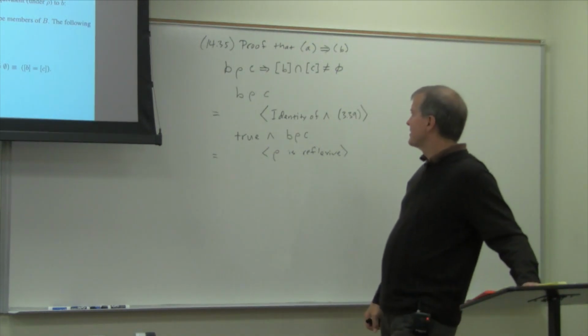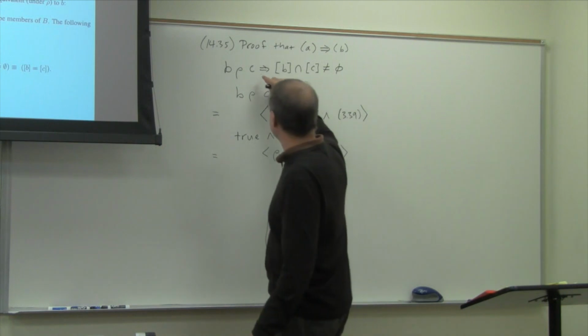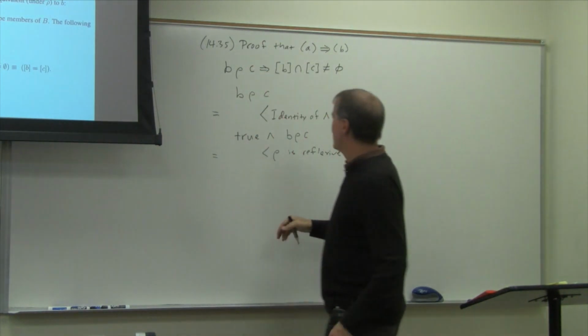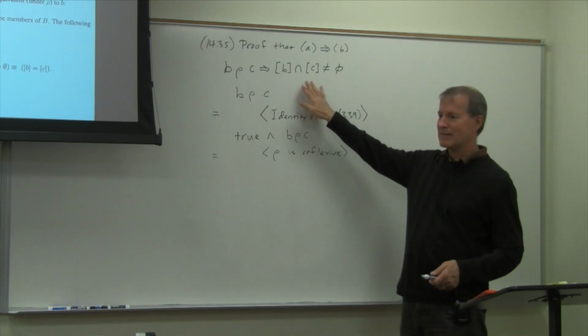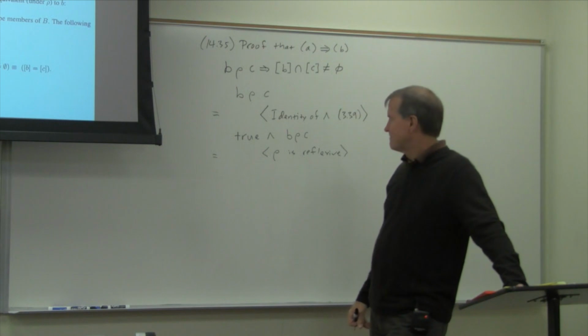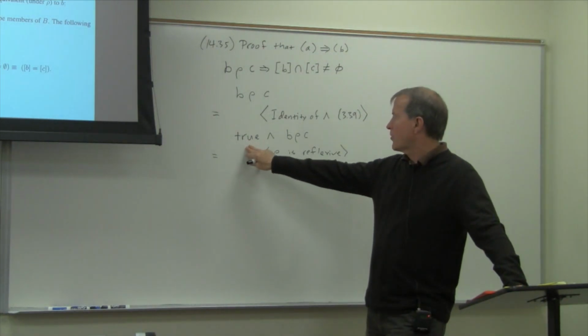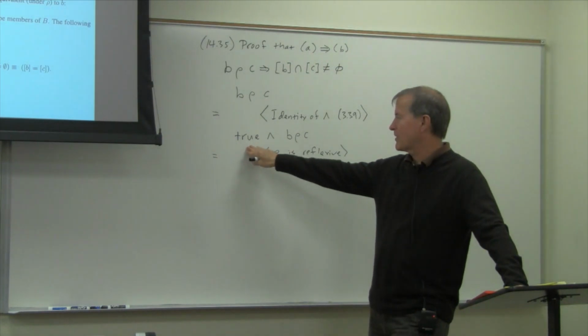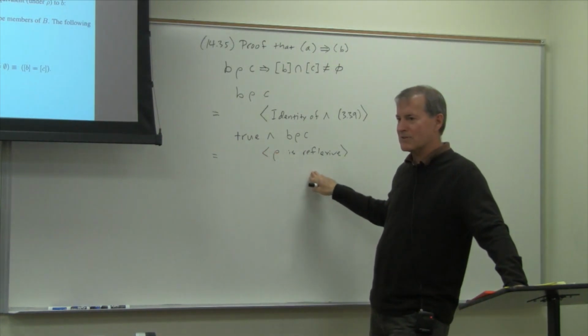Look, what are we trying to get this to? We're trying to get this to something like this, right? B row C. We want true and B row C. What about true? I'm saying row is reflexive. So what can we put here in place of true because row is reflexive?